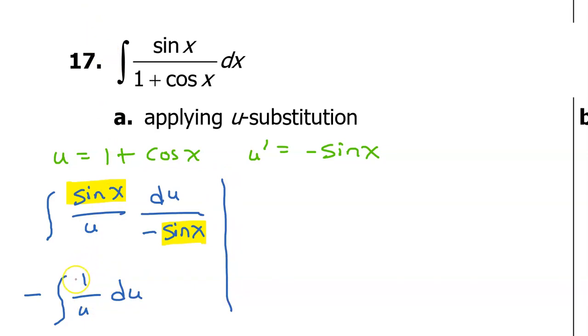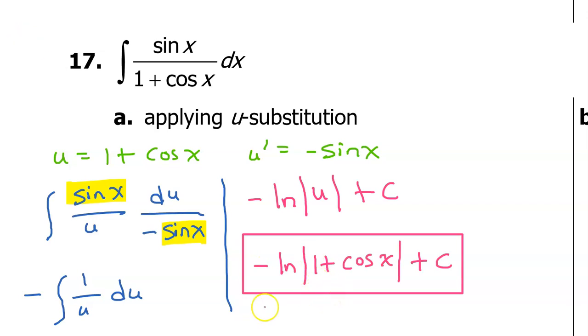We know that the integral of 1 over u du is the natural log of the absolute value of u plus c. And we do have this negative sign in front. Meanwhile, u is 1 plus cosine. So that means this is the final answer.